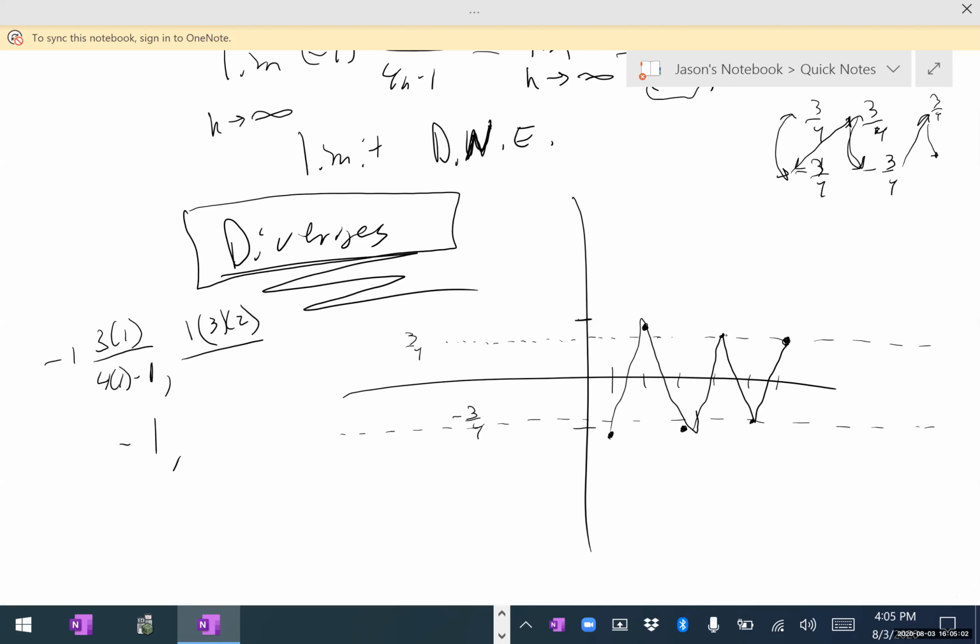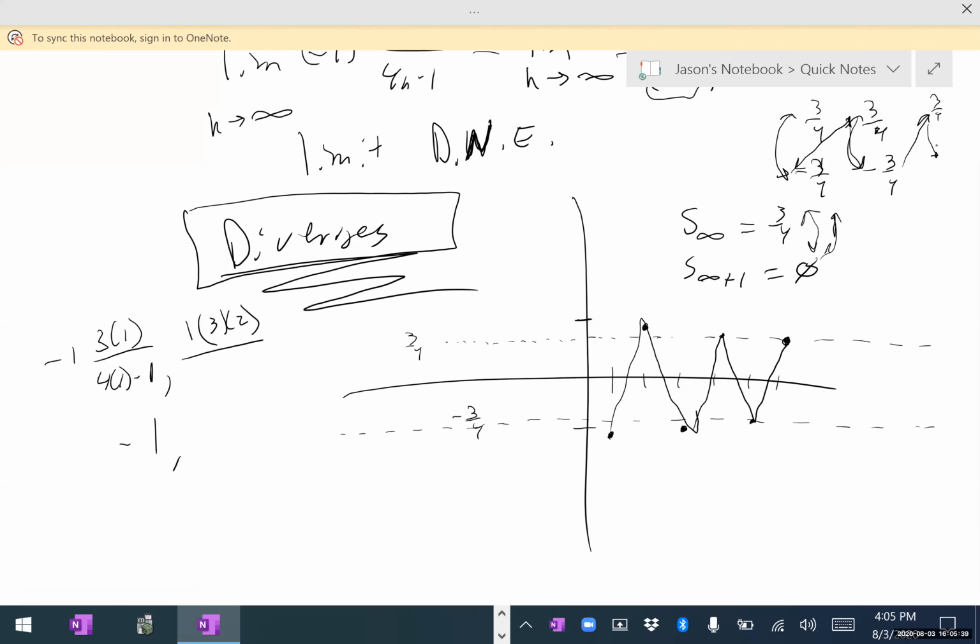So the sum, as we go to infinity, is either going to be at 3/4 or at 0, because I would have subtracted 3/4. The sum of the series is going to keep oscillating back and forth. Does that make sense? We keep adding and subtracting roughly the same thing forever.